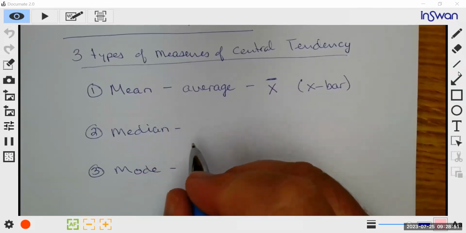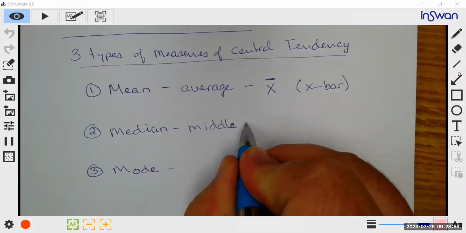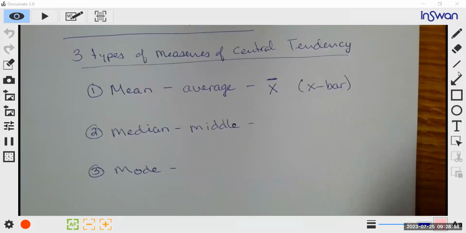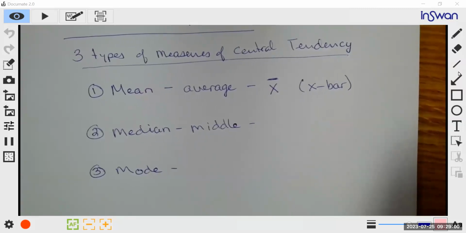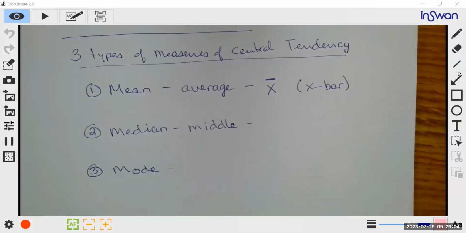The median means what? If you think about it, what do you call that thing in the middle of the road that sometimes you hit if you take a turn too short? It's called the median, because it's in the middle of the road.